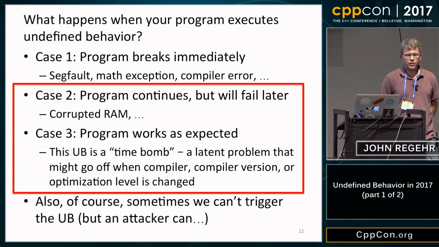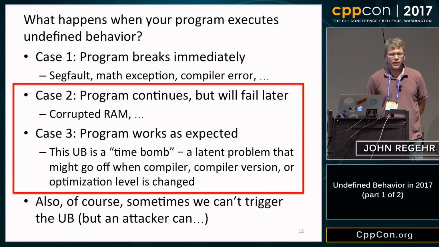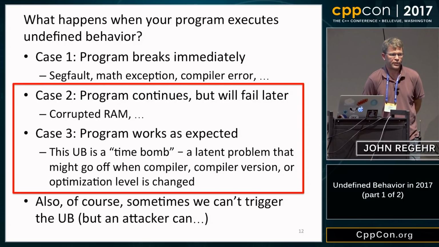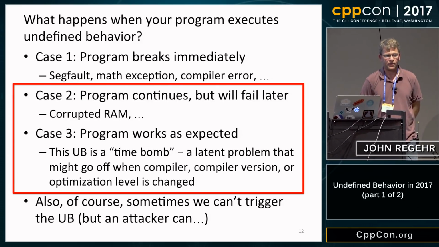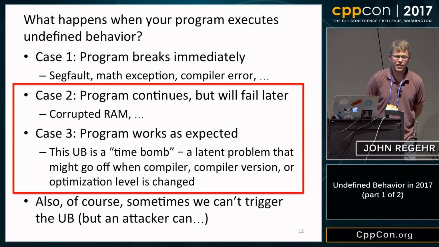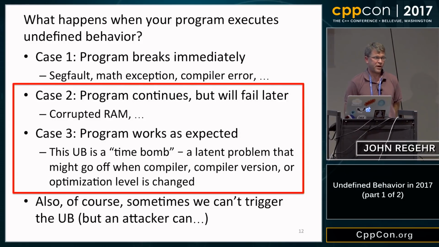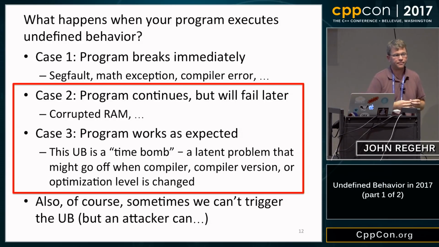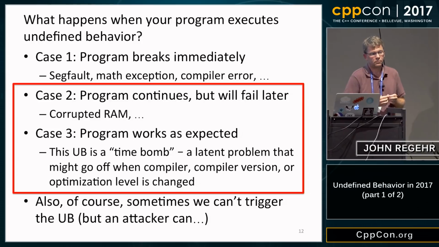Oh, that's okay. So the question is, is a math exception undefined behavior? The answer is no. The answer is that division by 0 is undefined behavior. The math exception is the symptom that you might get on some platforms. But the standard doesn't say anything about integer divide by 0 producing an exception. That's pure x86. As in, it's undefined behavior.